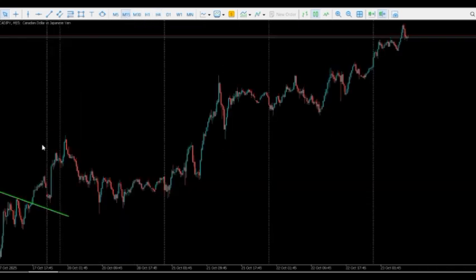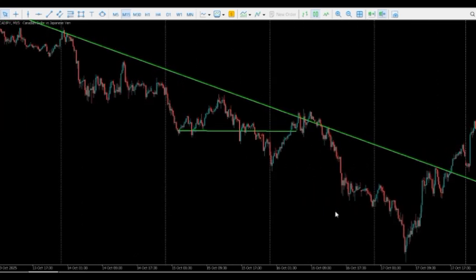Look at it, then try to observe the fractal formation, which is showing the reversal pattern in the 15 minutes time frame.